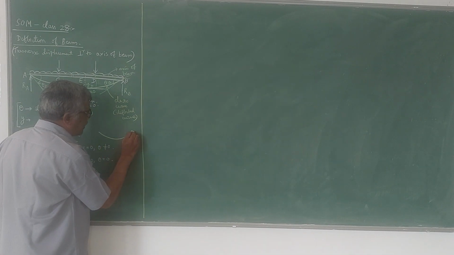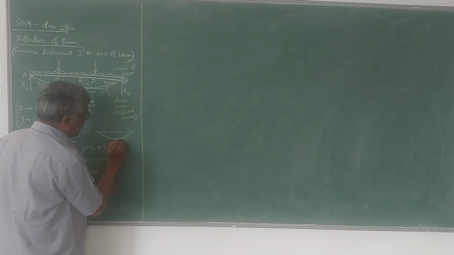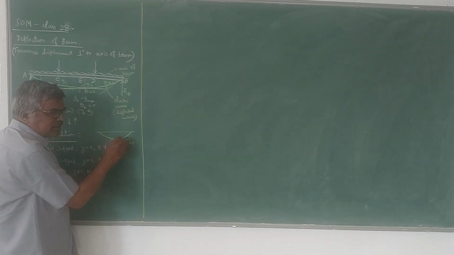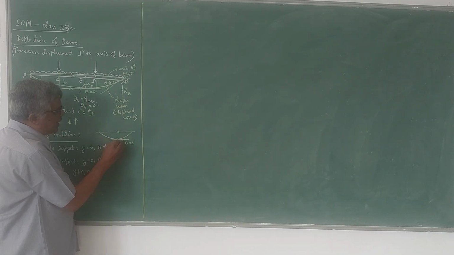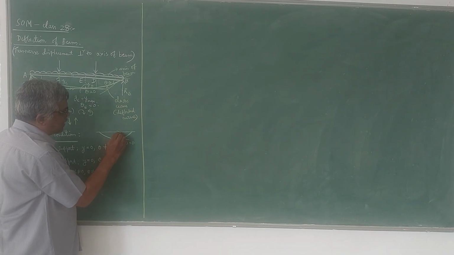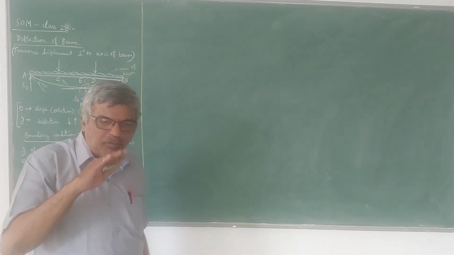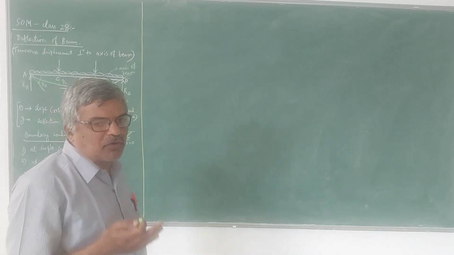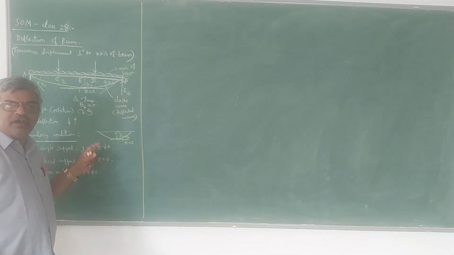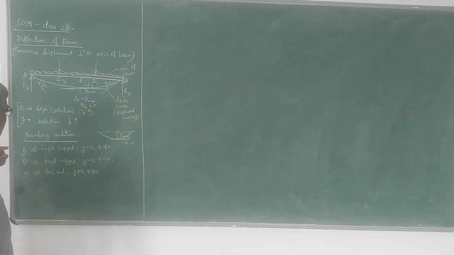This is how it deflects. So at this point Y is maximum. The important thing is, at the point where the slope or rotation is 0, we can expect the maximum deflection.